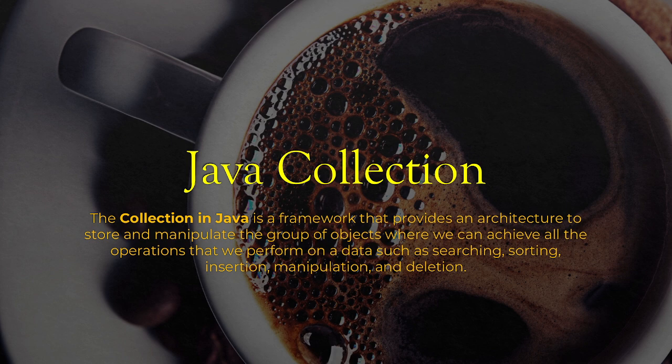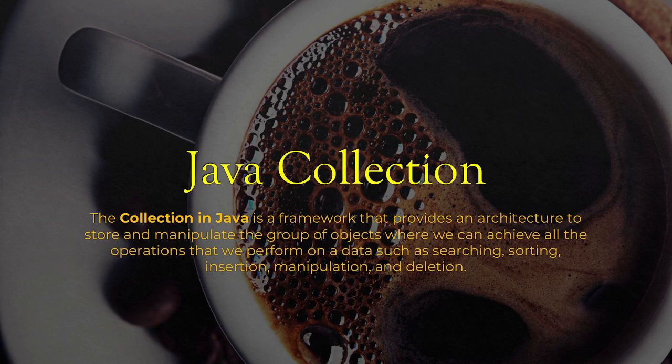Whenever we build Java applications, or for automation testing, we definitely use the collection framework. For example, a dropdown of states has lots of districts, and to store those elements we use Java collection.